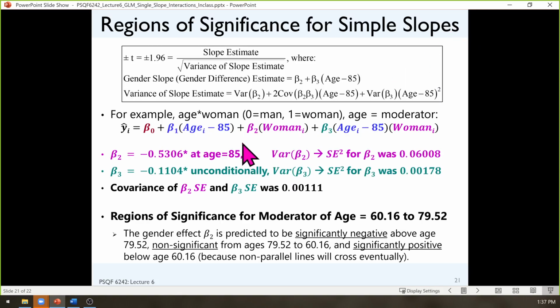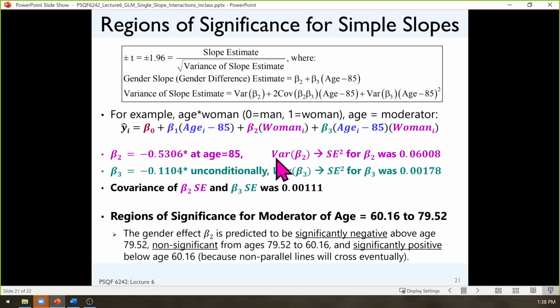So for example, I have a calculator for this, by the way, in Excel, and I also have a macro that I wrote in SAS to do this, and I'm sure someone's figured out a way to do this in Stata as well. So let's say that we have these results here, that beta 2 for the simple main effect of gender was estimated at negative 0.53, and that result was significant. And given the way that this model is phrased, that holds for an 85-year-old specifically.